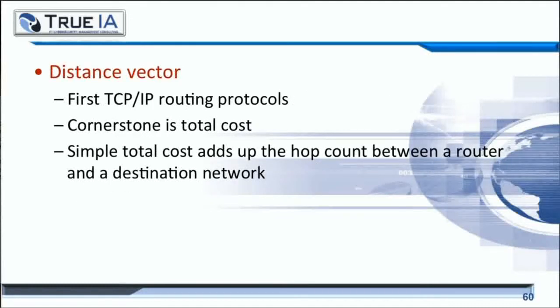Now that you understand the basics of dynamic routing, we'll break it down even further, starting with distance vector. It was the first type of dynamic routing protocol, and pretty much the cornerstone of distance vector routing is total cost. To determine the total cost, it really is as simple as adding up the number of hops.